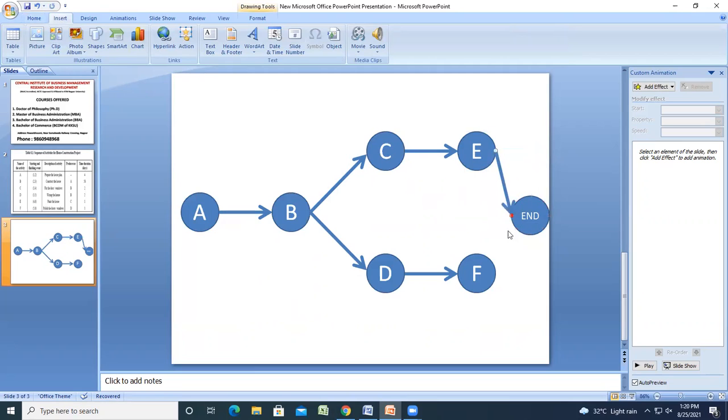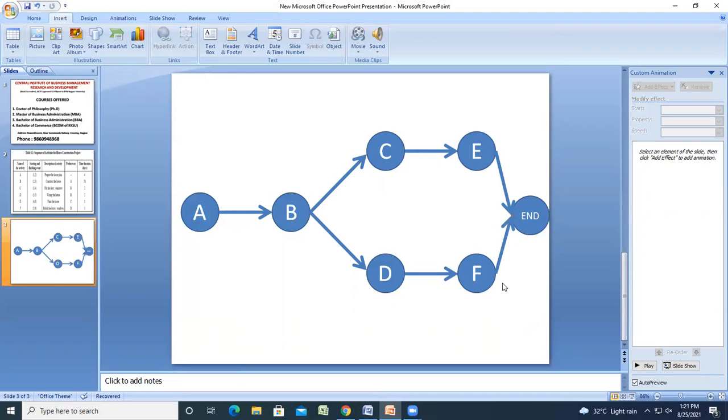As you can see, we have ended both the activities, as there is no other activity after these activities.